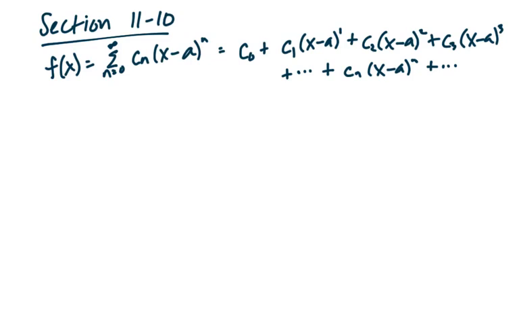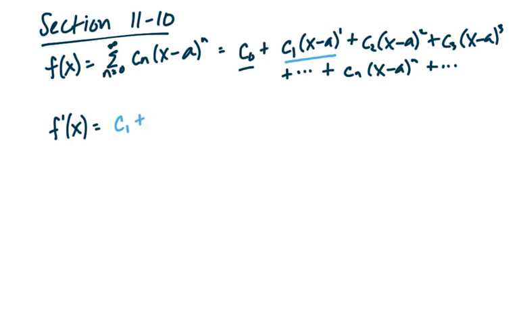So then let's look at the first derivative, just like we did in the last section. f prime of x equals, well, the derivative of c sub 0 is 0 because that's a constant, so it's gone. The derivative of c sub 1 times (x minus a) to the first is just the constant c sub 1, because the derivative of x minus a is 1.